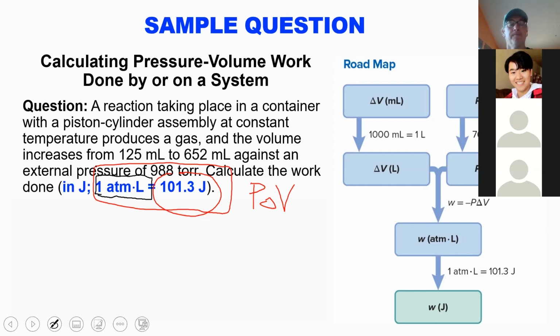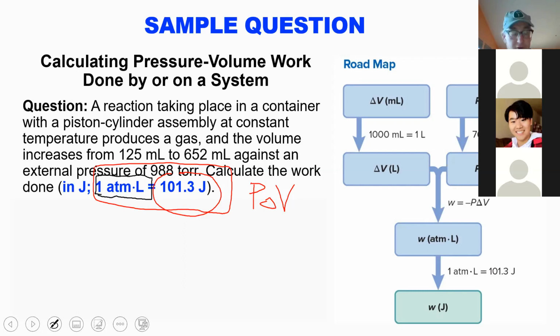What's our change in Q? Zero. Sorry, what was that? If delta T is 0, what's our change in Q?